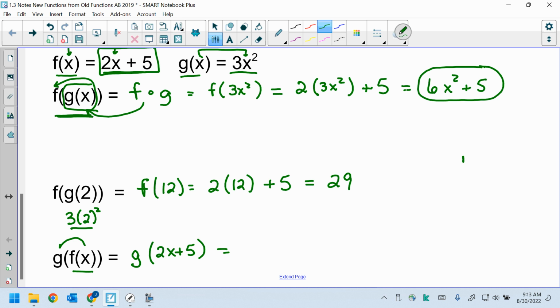Well, if we think of PEMDAS, which I'm again hoping is familiar to you, first thing we do is anything in parentheses for order of operations. Next, we're going to do exponents before we multiply. So we're going to square this guy before we multiply by 3. So we're going to take 3, we're going to have this 2x plus 5, and we've got to square that.